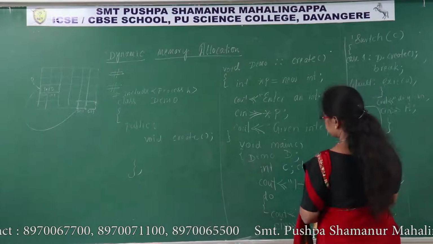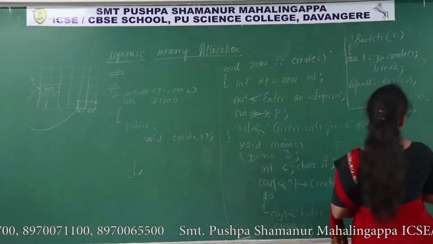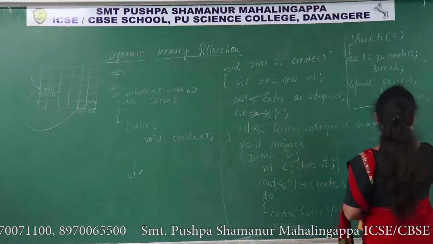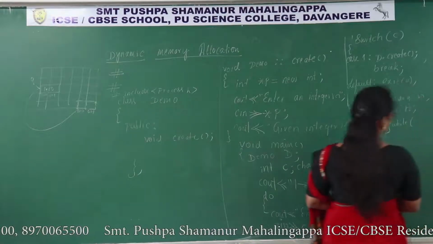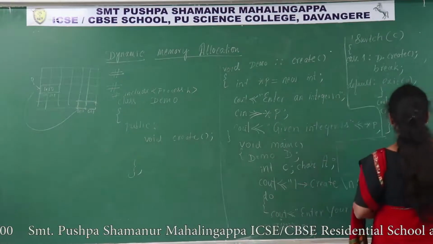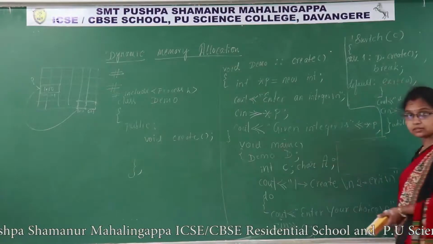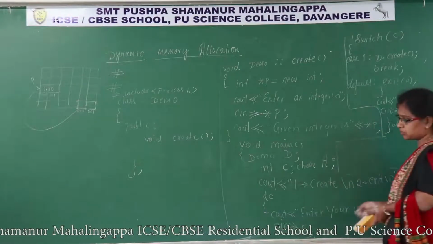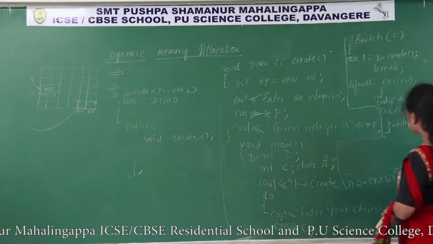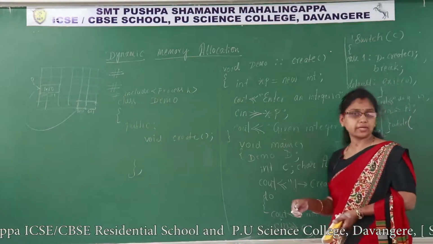Now do close. So I have taken do while here. Do open, do close, while, open parenthesis. If your answer is Y, then only that loop has to execute again. The user's answer may be uppercase Y or lowercase y.